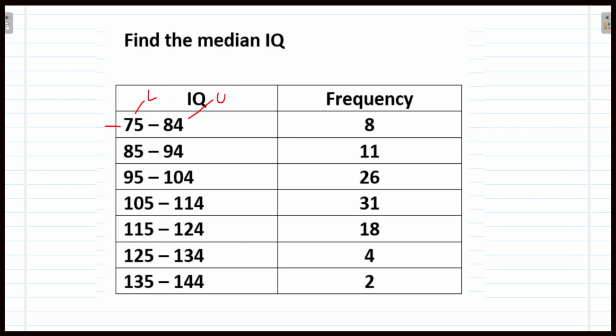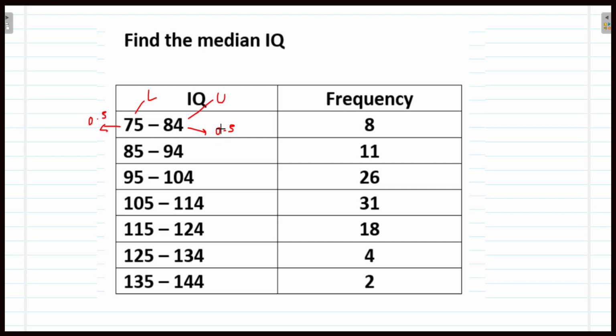From the lower limit we subtract 0.5 and to the upper limit we add 0.5. Try to understand once again: from the lower limit we subtract 0.5 and to the upper limit we add 0.5, and then this inclusive class changes to the exclusive class.